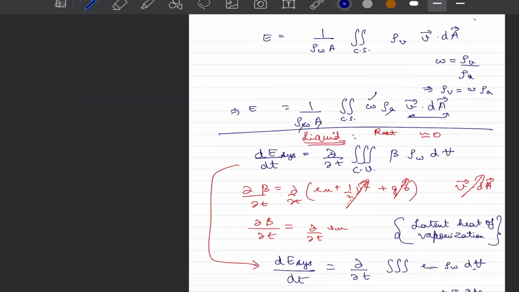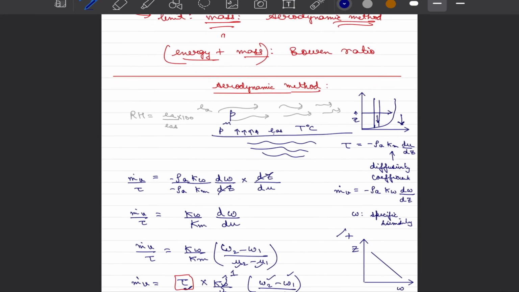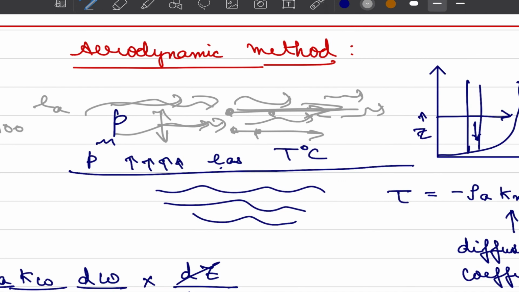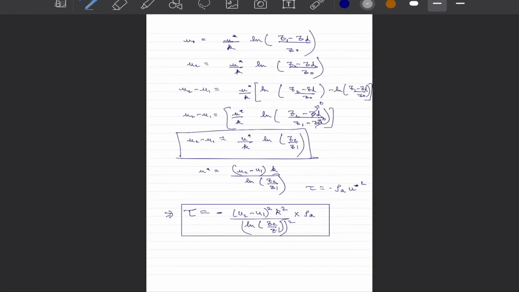So for example, in the diagram that we started initially, if this air is flowing at much higher velocity, all the vapors that evaporate from the surface would be moved aside very quickly, and that would keep this gradient of EAS minus EA intact for more and more evaporation to take place.